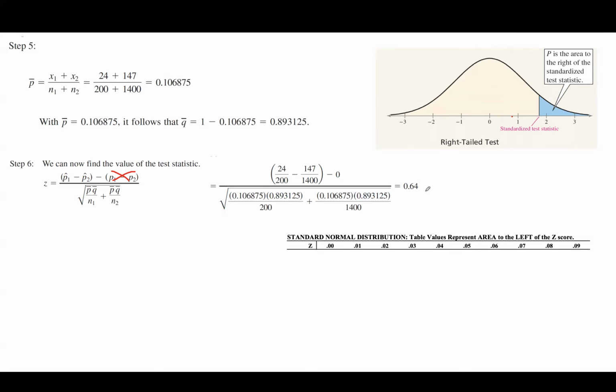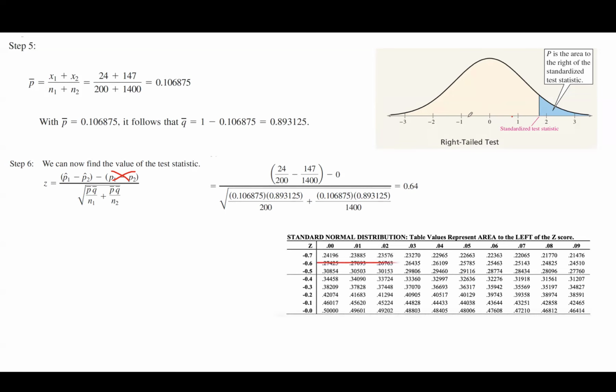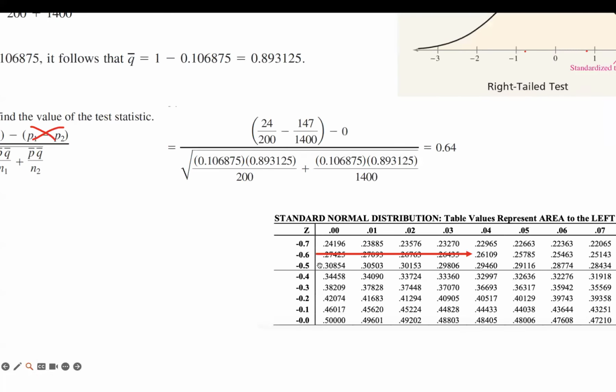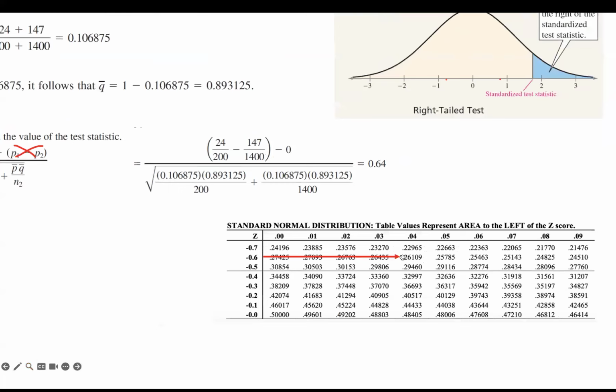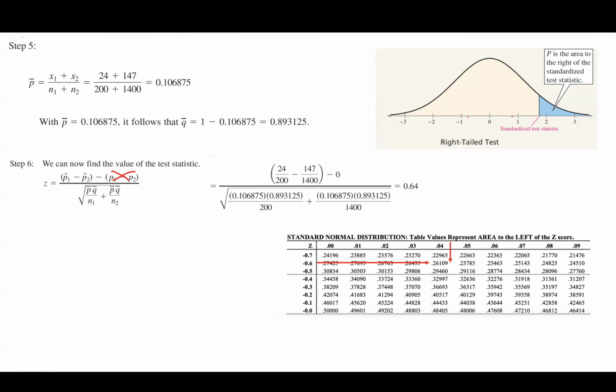So due to symmetry, you're going to use negative 0.64. We find the area to the left-hand side here, and it's exactly the same as the area on the right-hand side. So negative 0.6, and then you have 4. Let's take a look at this area. The area is about 26%.